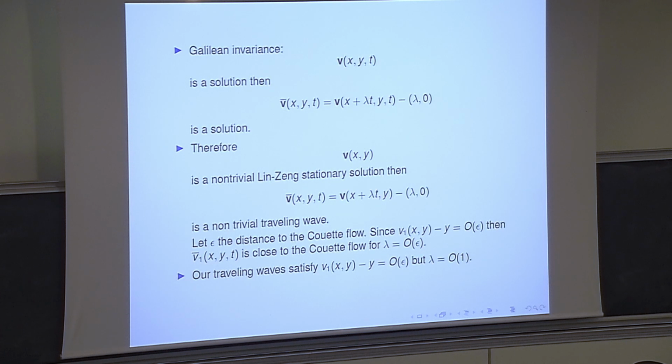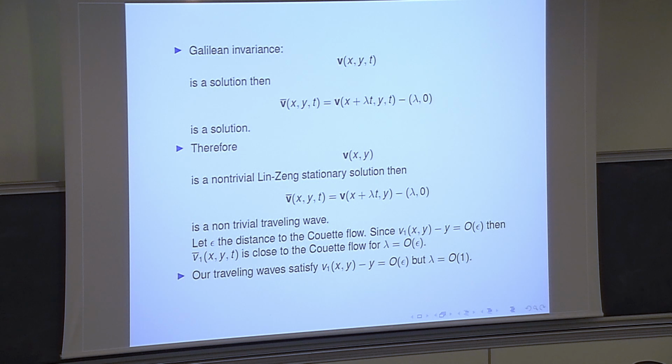So let me just make a very naive comment. If v is a solution of the 2D Euler equation, then just by Galilean invariance, if you consider this velocity v bar, given by this expression in terms of v, this is also a solution. And then if you pick one of these stationary solutions of Lin and Zeng, then this v bar is a solution of 2D Euler and is a traveling wave.